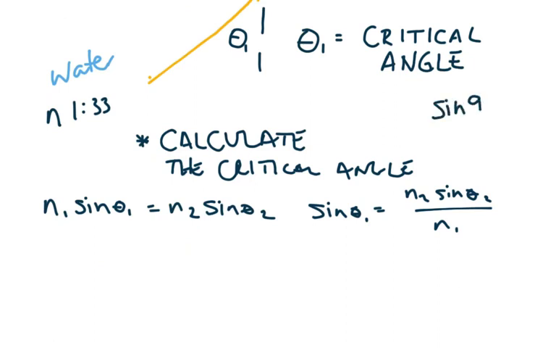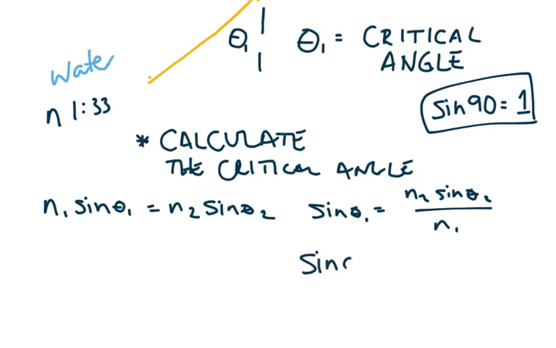Does that make sense? If I rearrange the equation, you know what's really cool? What's the sine of 90 degrees? It's 1. So if I look at this, to find the critical angle, provided that you're going from more dense to less dense, sine theta 1 equals n2 divided by n1, because sine theta 2 is 1. So n2 times 1 is n2.